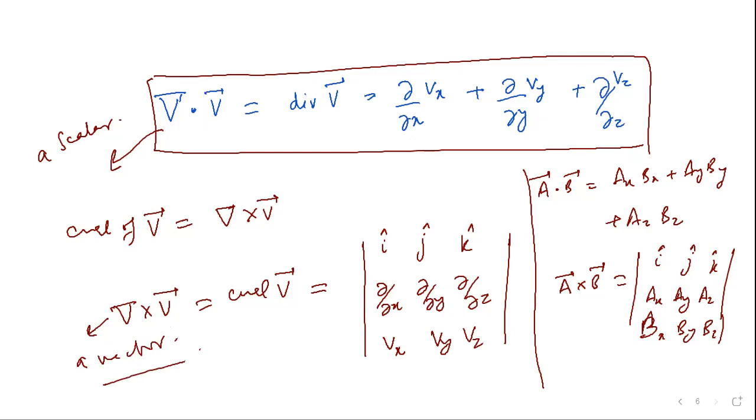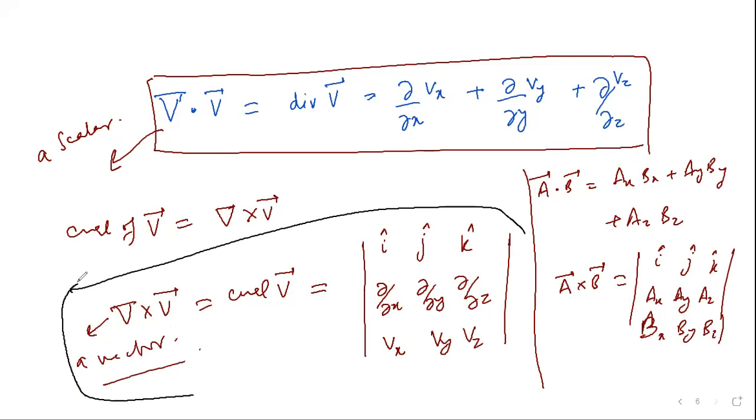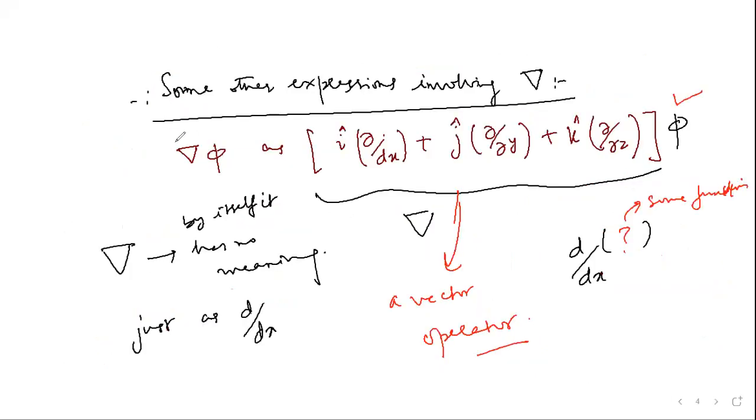So you need to remember these three operations or quantities. One is our gradient. This was gradient of phi. It is a vector, right? When we talk of gradient, we are considering a scalar field.